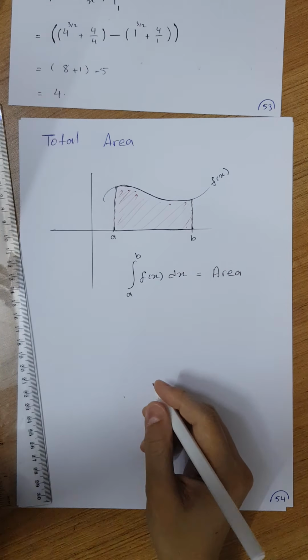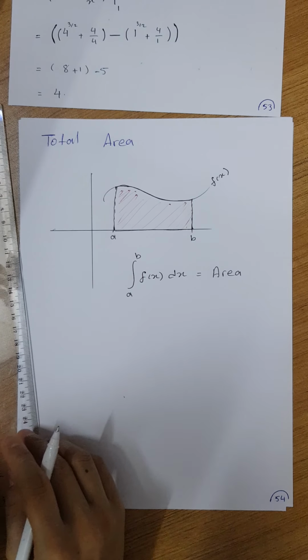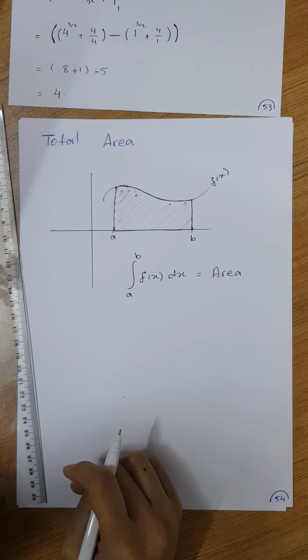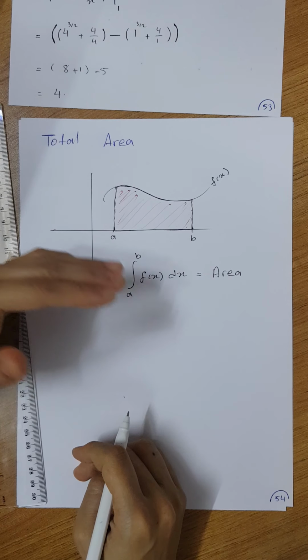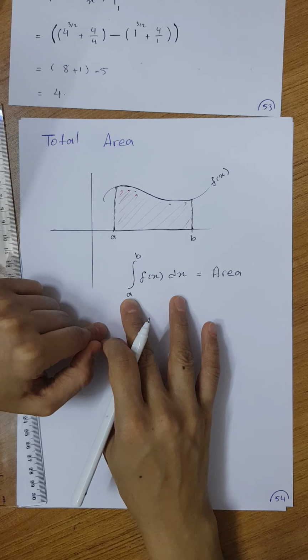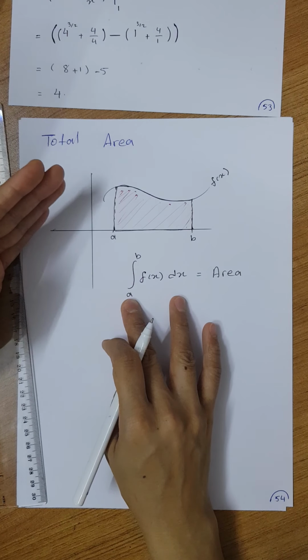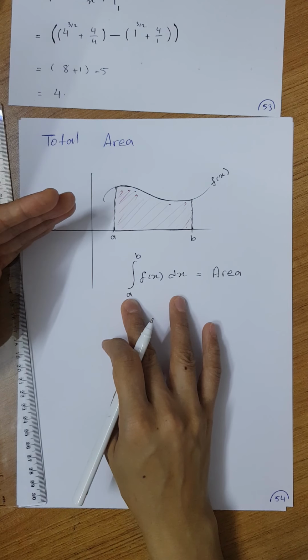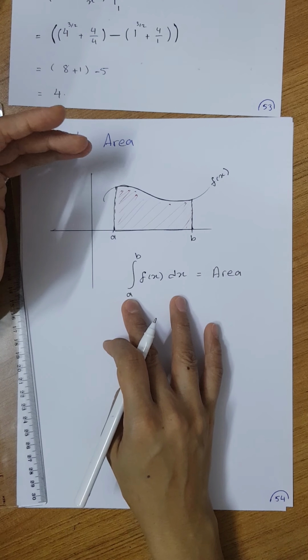But I have got something. When I'm finding the area under a curve or a non-geometrical shape, the area is always positive. If I get a negative value, that means the graph of the function is below the x-axis. So when I'm calculating a definite integration like this one, that means I have found the area under a curve.